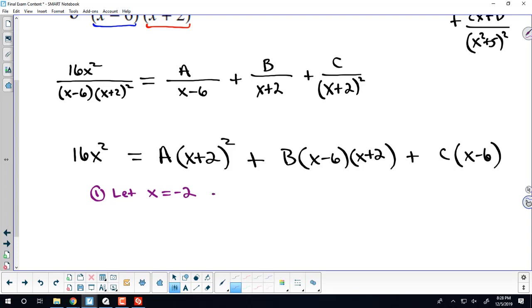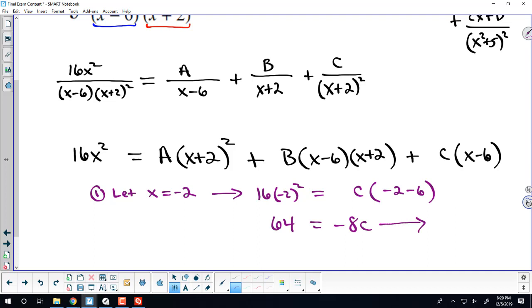Then we've got 16 times -2 squared equals c times the quantity -2 minus 6. So 64 equals -8c. Solve for c, and we've got c to be -8.